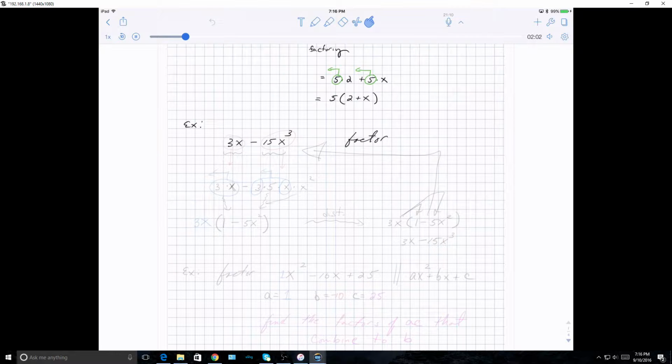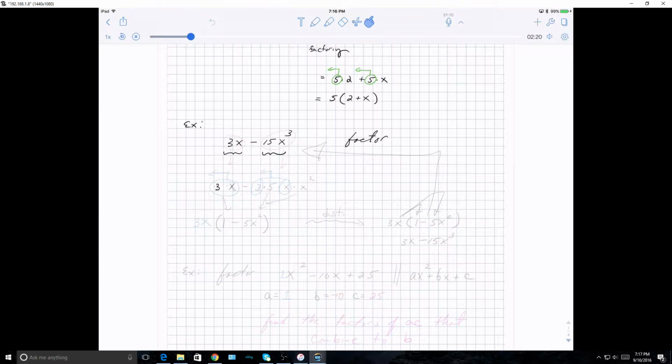Well, that's easy, this nice polynomial expression, because both of these terms have a factor of x and a factor of 3.